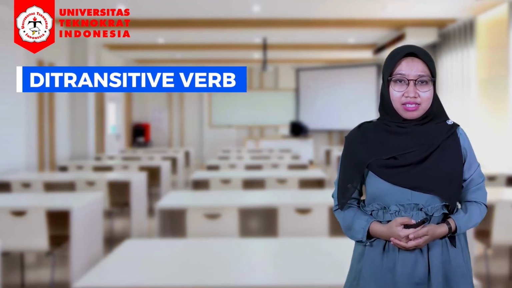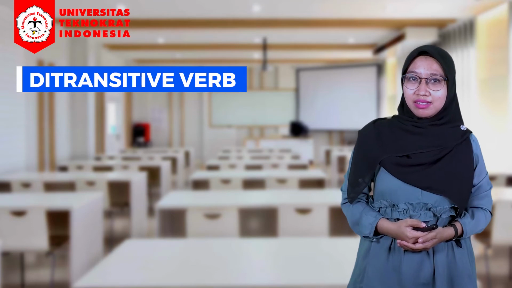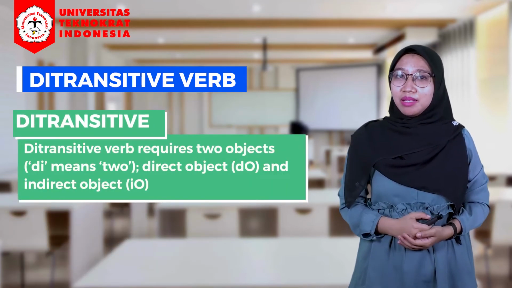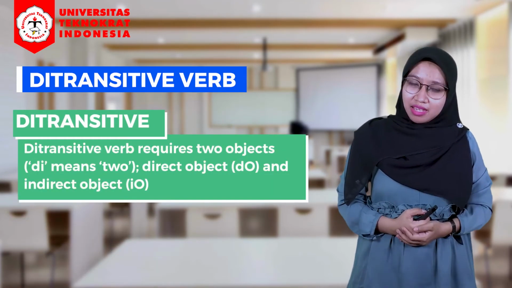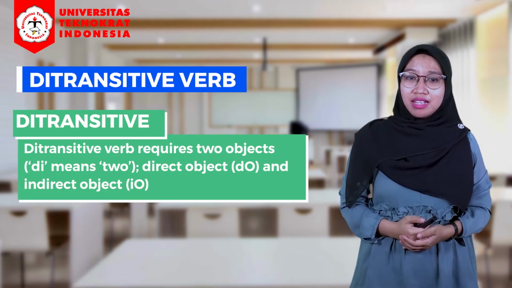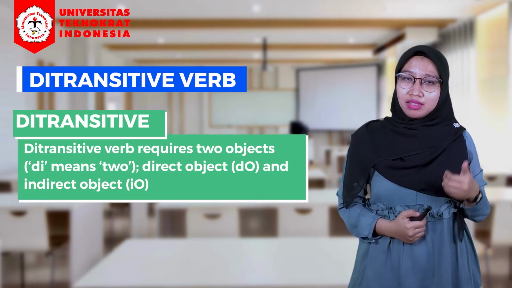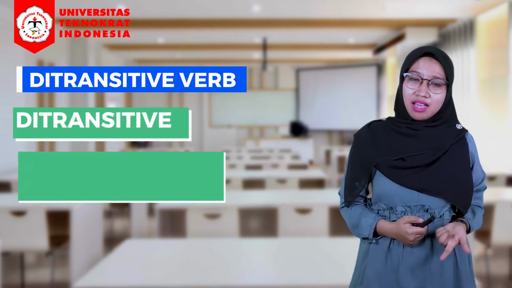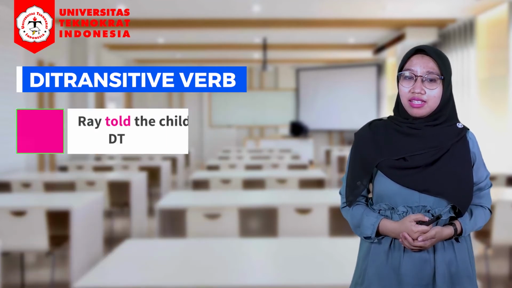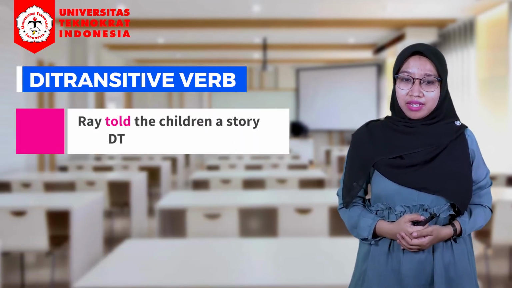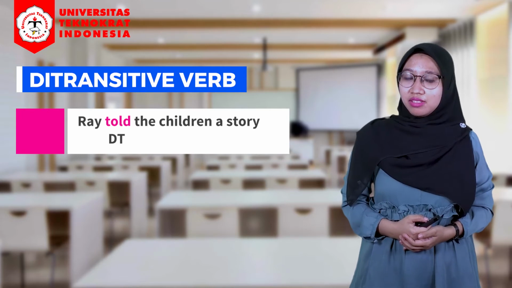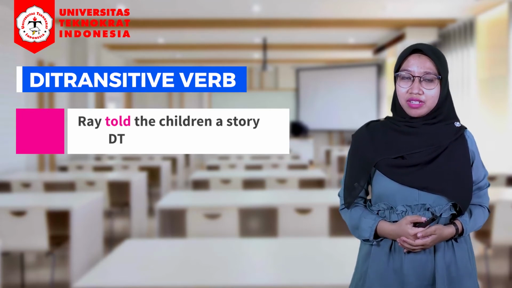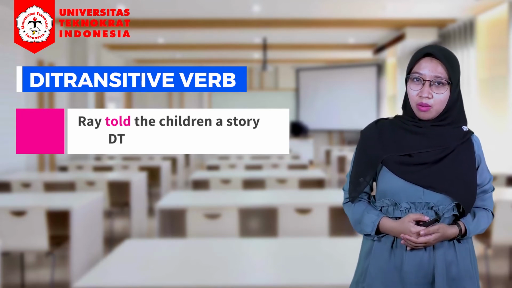The next kind of verb is ditransitive verb. Di means two, therefore these verbs have two objects, direct objects and indirect objects. The example: Ray told the children a story. So we can find the verb here is told.